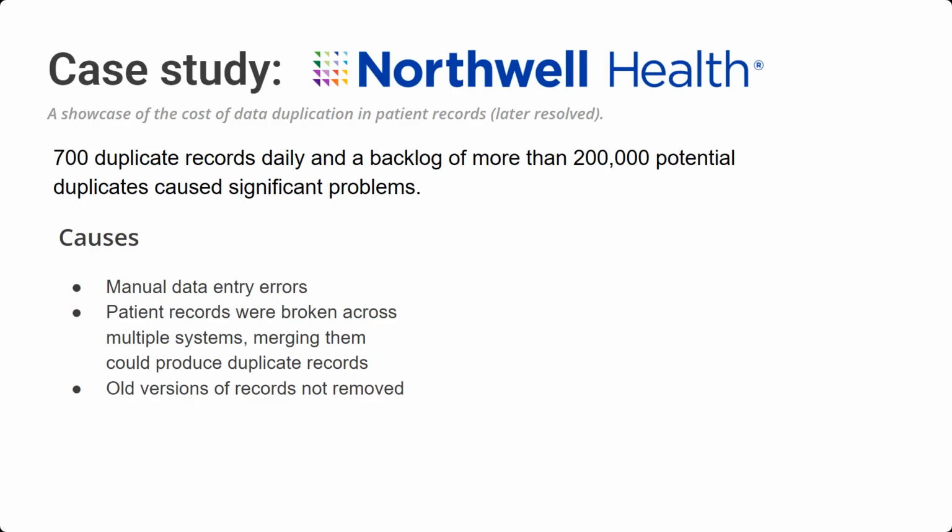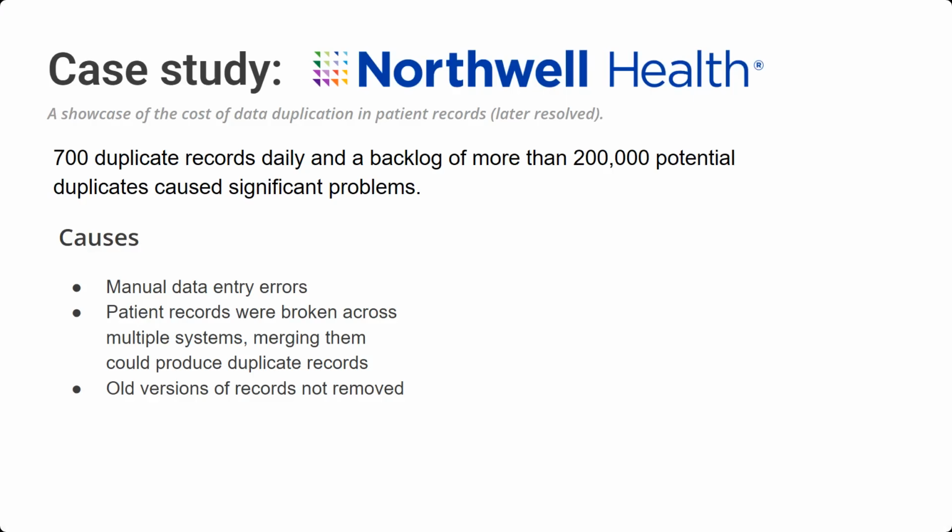Another cause of this duplication problem was that sometimes when people edited records, or needed to create a new or update a patient record, they didn't delete the older versions. So sometimes in systems you can find a new patient record, but also an old patient record.